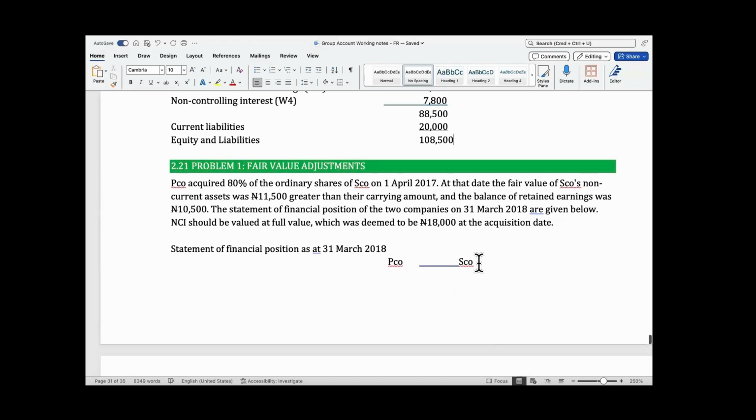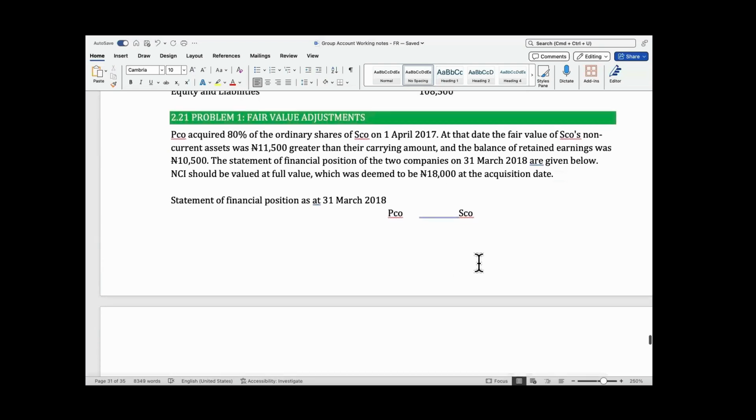Okay, moving on. This question, we have done something like this before, but this one just has a few additional things. It says Speaker acquired 80% of the ordinary shares of ESCO on 1st April 2017.